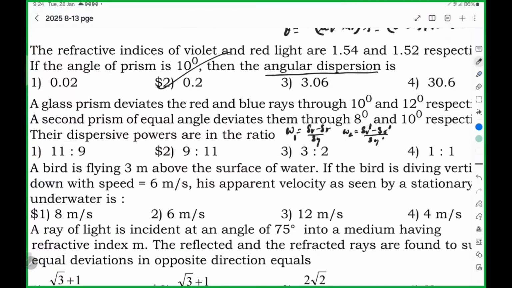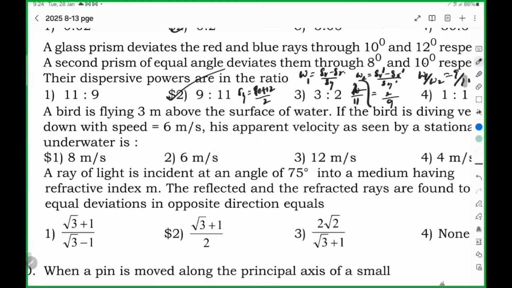So here it is 12 minus 10, delta y will be the average, that is 10 plus 12 by 2, 11. Here 12 minus 2, 10, 2 by 11. Here it is 10 minus 2 by the average, 9. This is omega 2. So omega 1 by omega 2 will be 9 by 11. So another important question here.